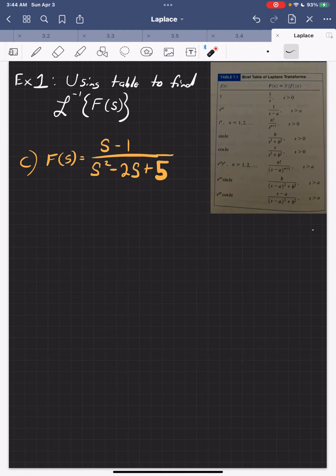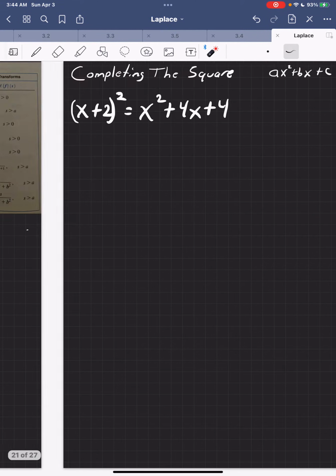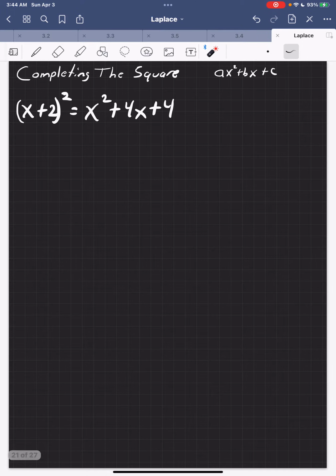So let me take a detour and I'll come back. If you recall the idea of completing the square, then you can just fast forward. You can get back to the part where we solve it. But if you need a quick refresher, I'll try to go through this quickly.